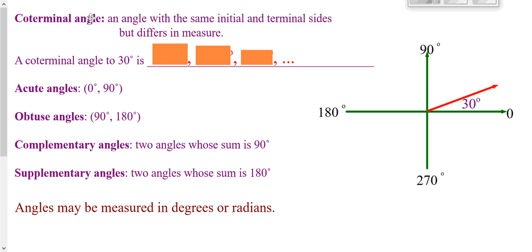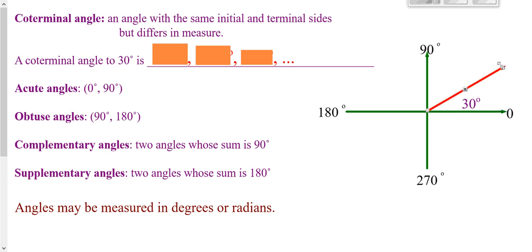Now, coterminal angles are angles that have the same position but different measures. So consider this one here. It's a 30-degree angle, but instead of just going from here up to 30, if I started here, went all the way around to 360 and then went 30, then I would have an angle that would be 390.